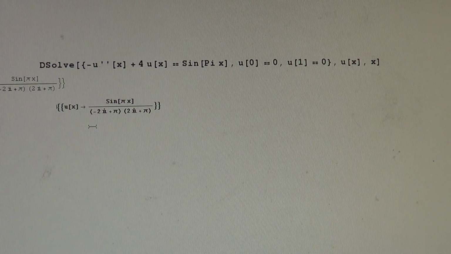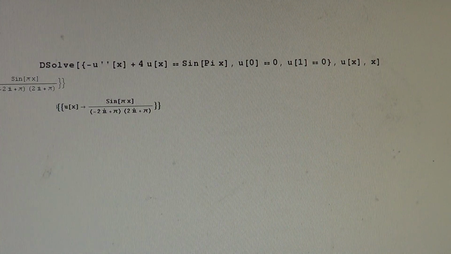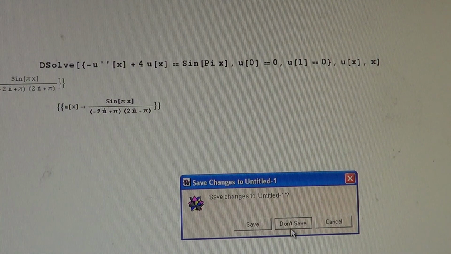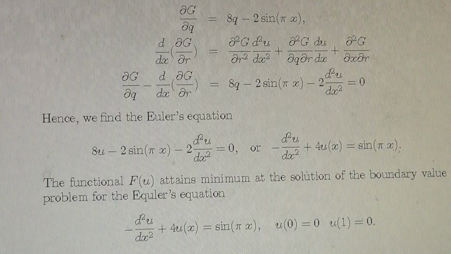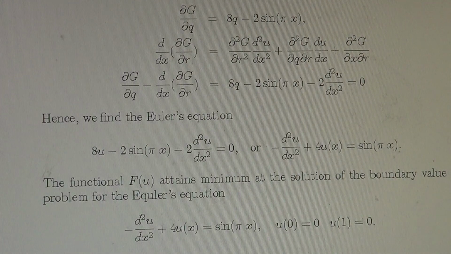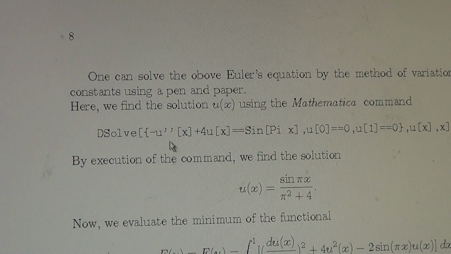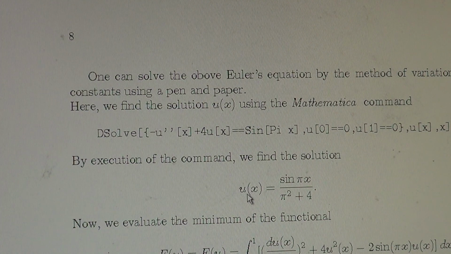So we have the solution. Let us come back to the original document. We have executed that mathematical command, and we have obtained that solution in a second.